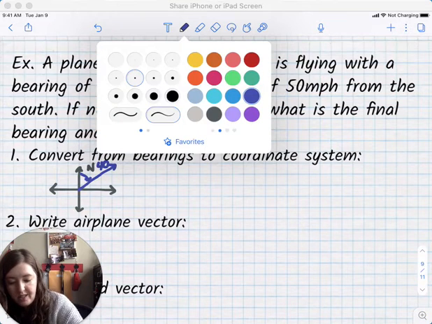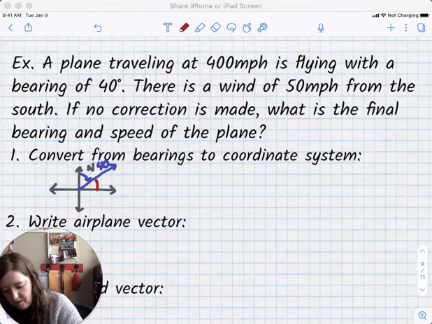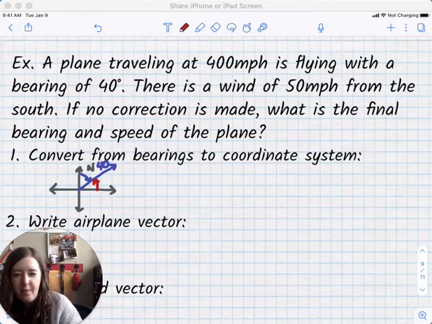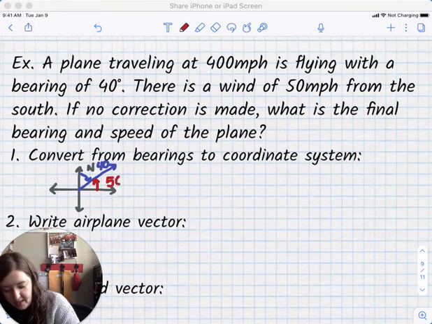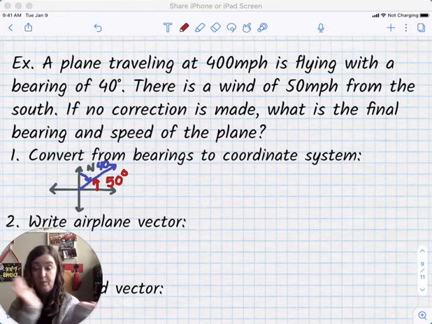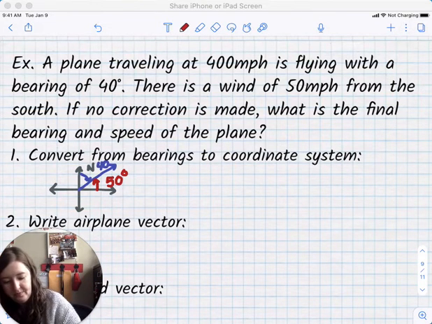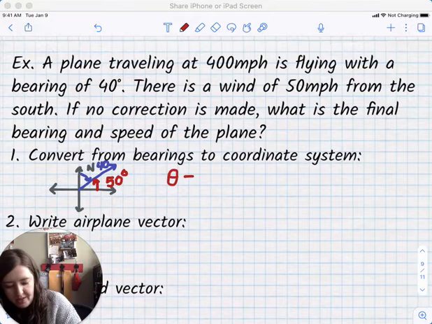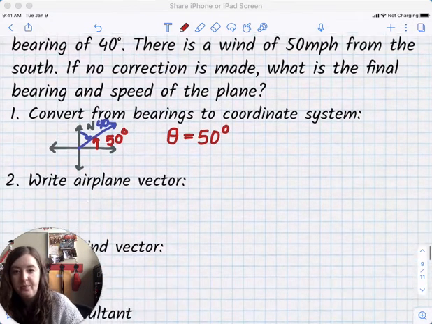Now, in our system, from the x-axis up, how many degrees is that? Yeah, that's 50 degrees, right? Since my whole quadrant is 90. So I now know that my direction angle for my plane is going to be 50 degrees.